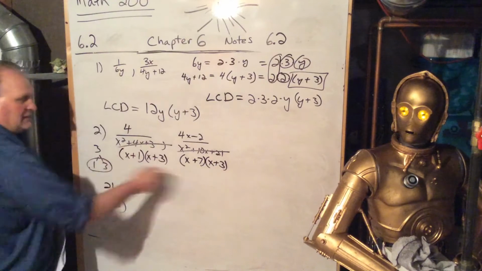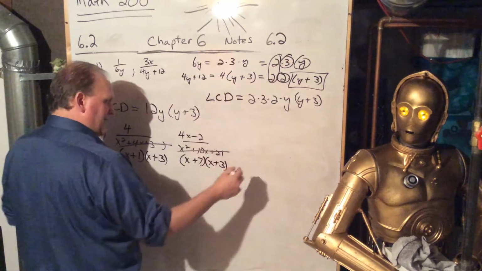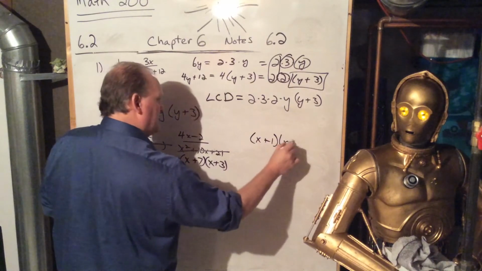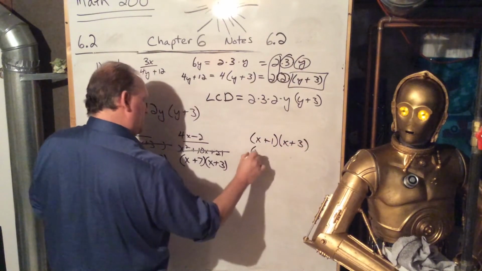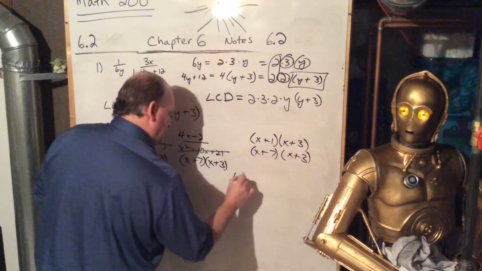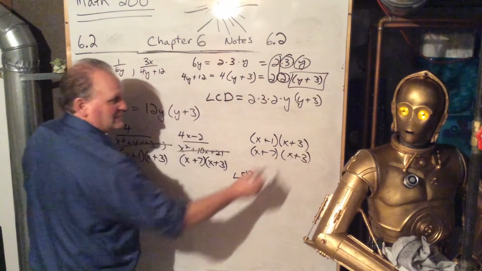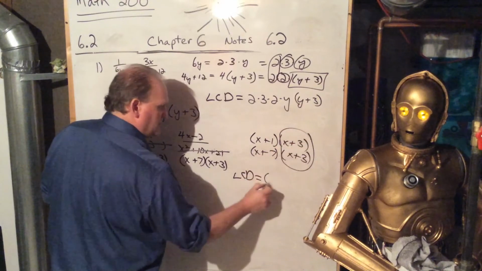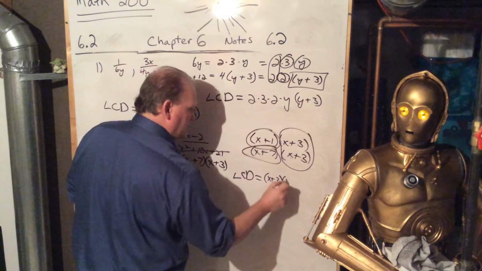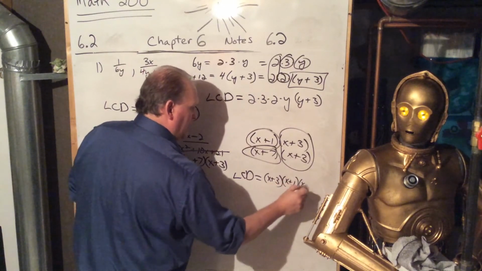And so when we look at that, if we stack them up like this, x plus 1, x plus 3, x plus 7, x plus 3, to find the LCD, you find what they have in common, so they have x plus 3 in common, and then you take the leftovers. So both of those count as leftovers, x plus 1 and x plus 7.